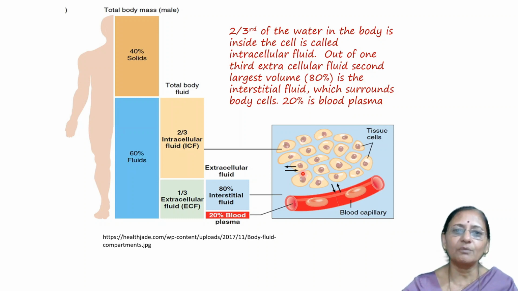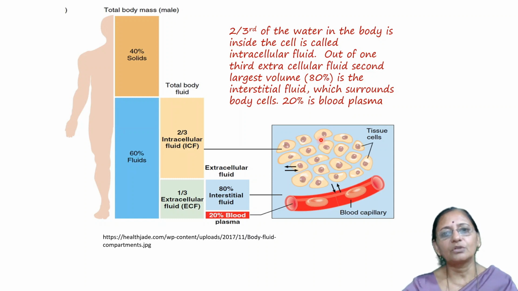That is, the total body cells contain about two-thirds of the fluid portion of the total body, or 60% of the fluid portion of the total body weight. Again, the fluid portion is 60%, and out of that, two-thirds is the intracellular fluid.